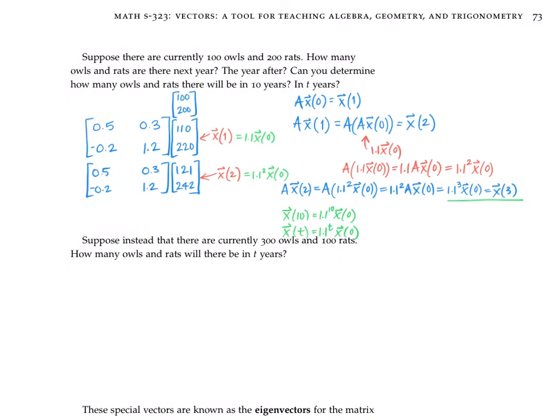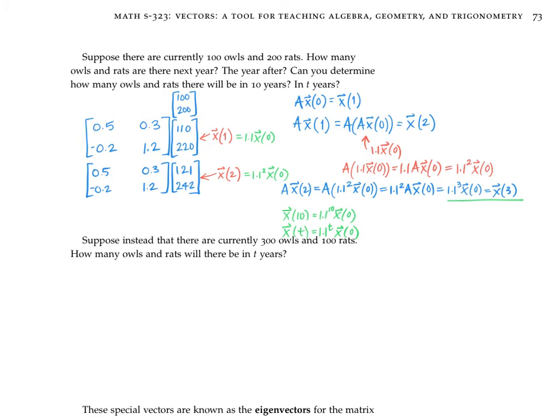Pretty cool, right? Let's take a look at what happens under another set of initial conditions. Suppose instead there are 300 owls and 100 rats. Now the question sort of jumps right to it: how many owls and rats will there be in t years? We want to go through the same steps and get a feel for what's happening here, similar to what we did with 100 and 200, or 2,000 and 1,000.